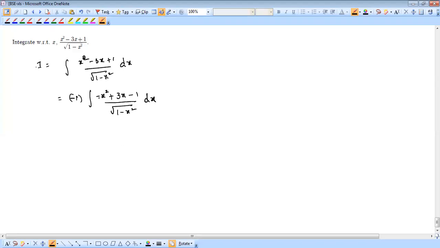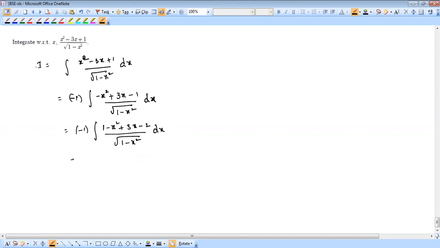In the denominator minus x square is suitable and 1 is missing. So I'm adding 1 and subtracting 1 in the numerator. So 1 minus x square, adding 1 here and subtracting 1, minus 3x minus 2 divided by root over 1 minus x square dx.